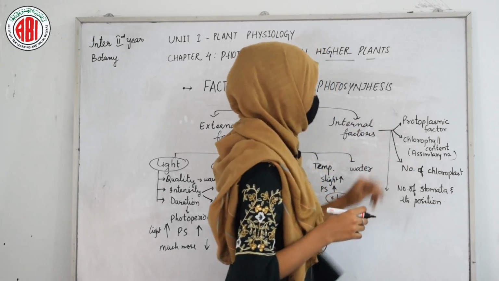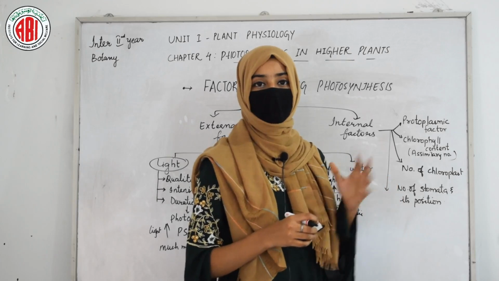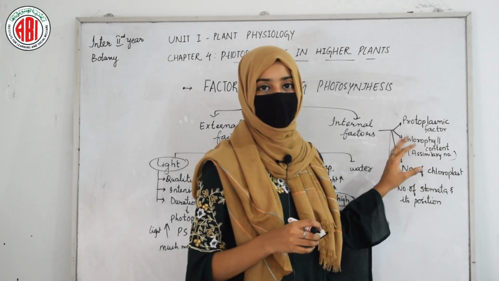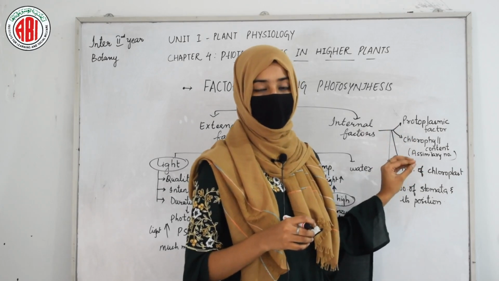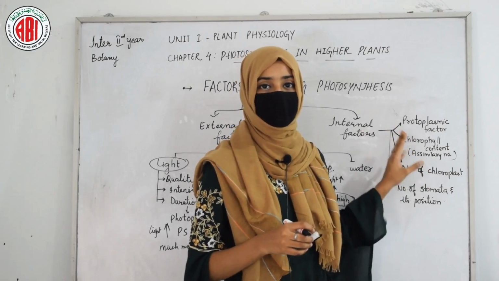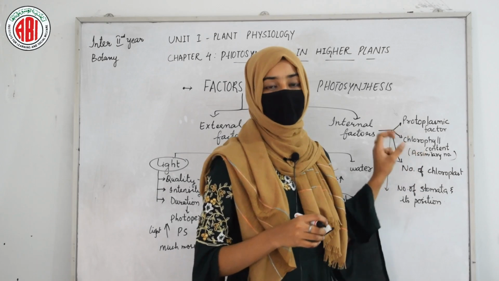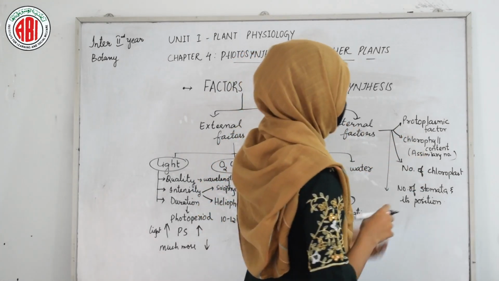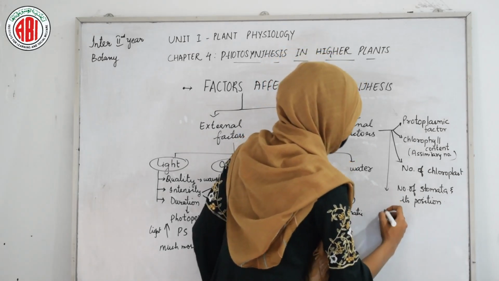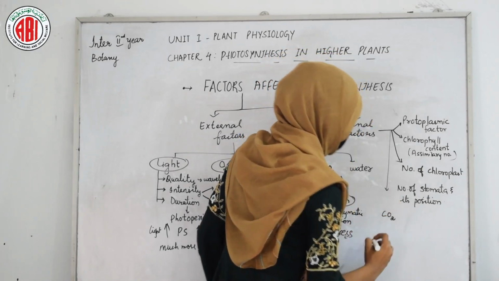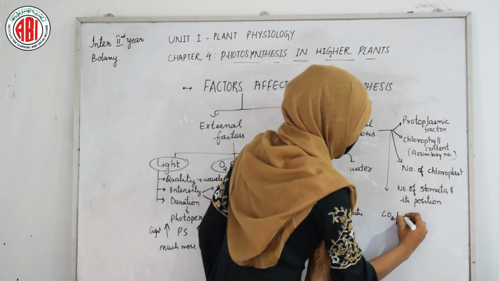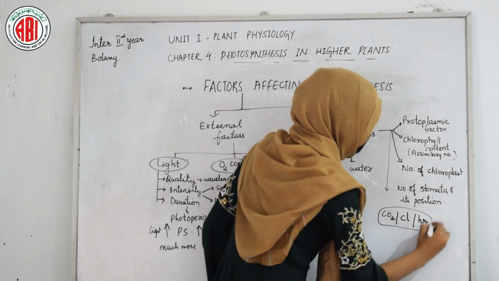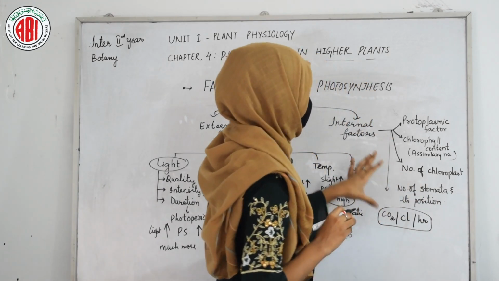The next one is chlorophyll content. Here we are going to discuss the assimilatory number. The number of carbon dioxide molecules fixed by the chlorophyll molecules per hour is called the assimilatory number.